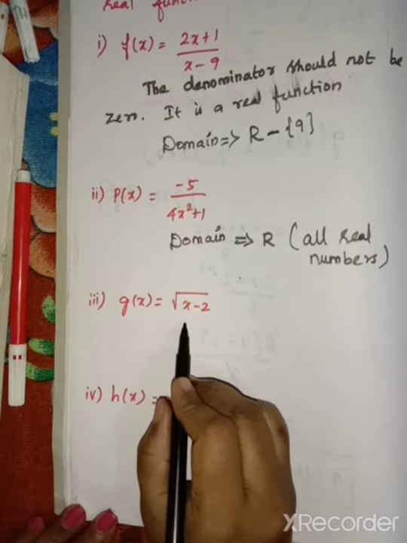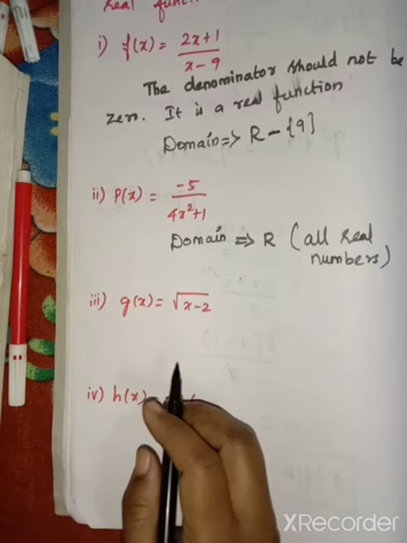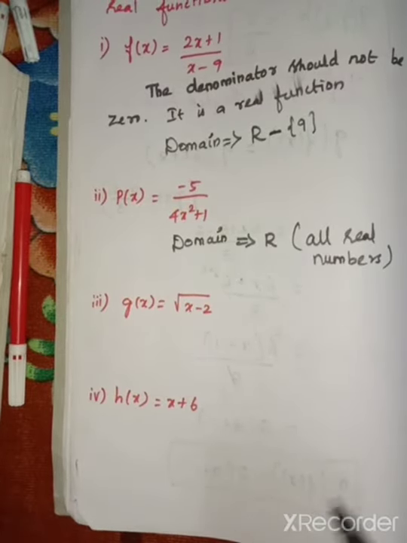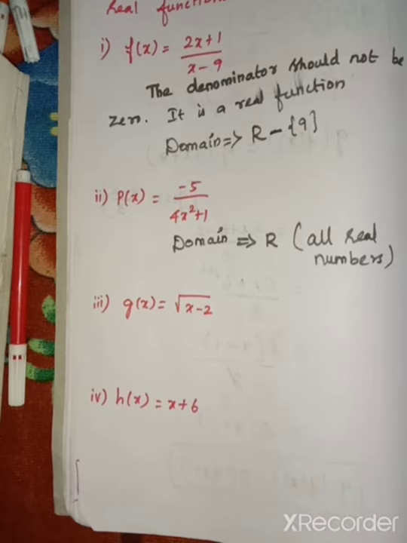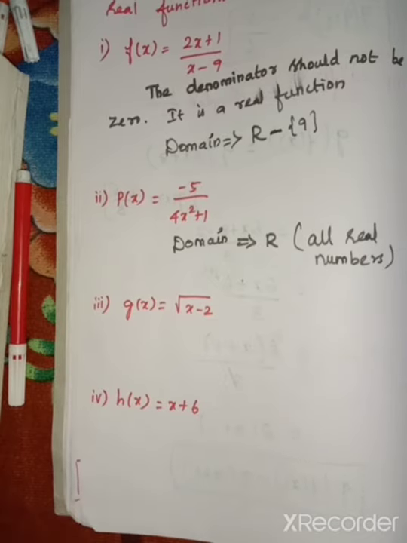If I put 1, we get minus 1. If I put 0, minus 1, minus 2, like that, we get a negative value. So we didn't consider numbers before 2. After 2, all the positive numbers we can take up to infinity.